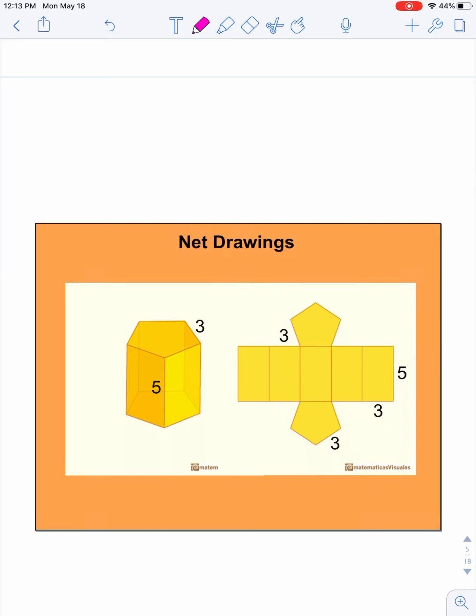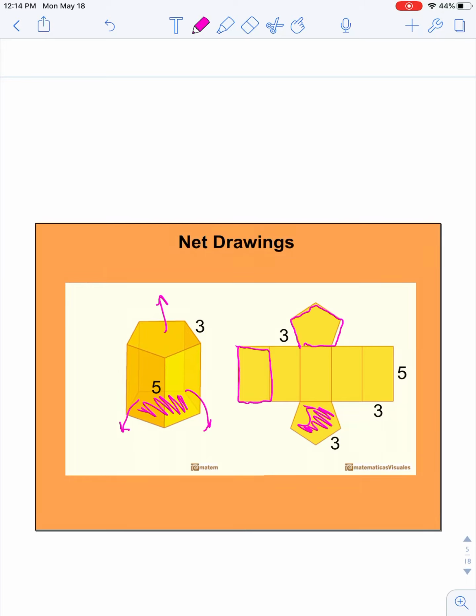When you have a prism here, and this is one of the bases, we're basically going to unfold it and think about folding these down and laying them all out, and then this is kind of going up towards the top. Well, if you just look at this, we can actually find the area of each one of these rectangles, add them together, and find the area of one of the bases, multiply it by 2, add all those together.